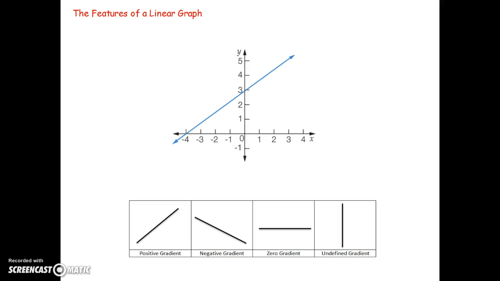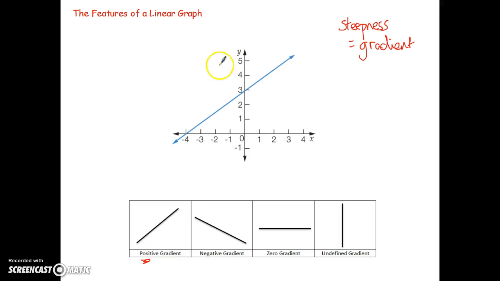So we talk about the steepness of the line, or another word for steepness is the same as gradient, which is just a fancy maths name for steepness. If our line is sloping in this direction, we say that we have a positive steepness or positive gradient.